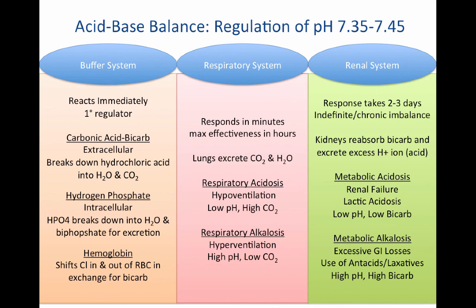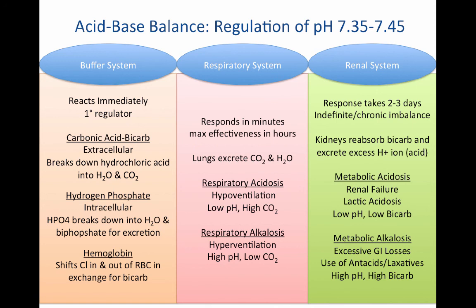My brain senses that and stimulates my respiratory center, so my respiratory rate will go up in order to blow off the high CO2, right? So again, that's why the buffer system works great, but my respiratory system has to work, because as the CO2 level is rising, my body has to be able to blow off that CO2, okay?